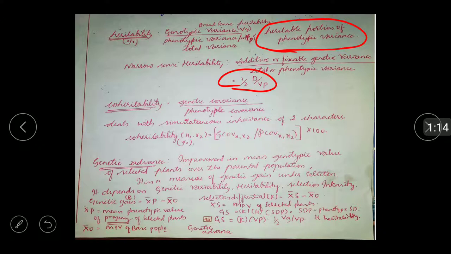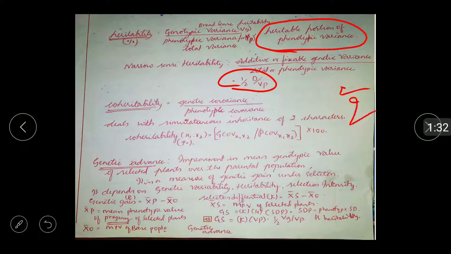Coming to coheritability, it is the ratio of genetic covariance to the phenotypic covariance, and it deals with the simultaneous inheritance of two characters.